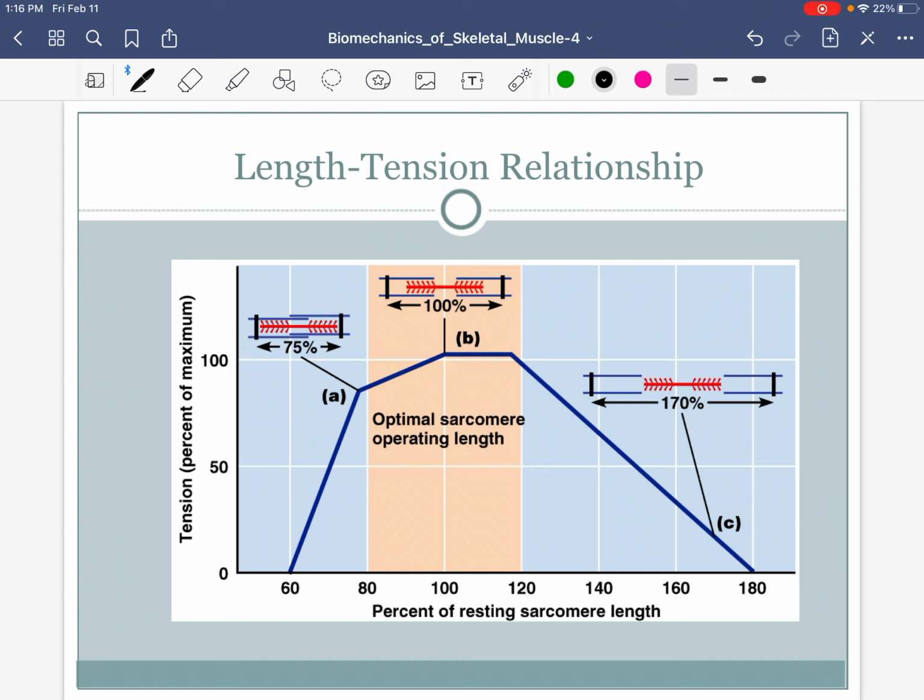So I alluded to this before, but here we're giving it an official name. In terms of muscles, you should be aware of something called the length-tension relationship.